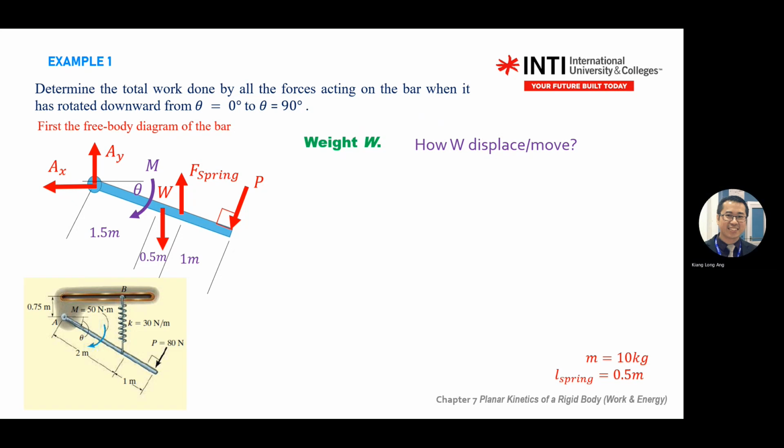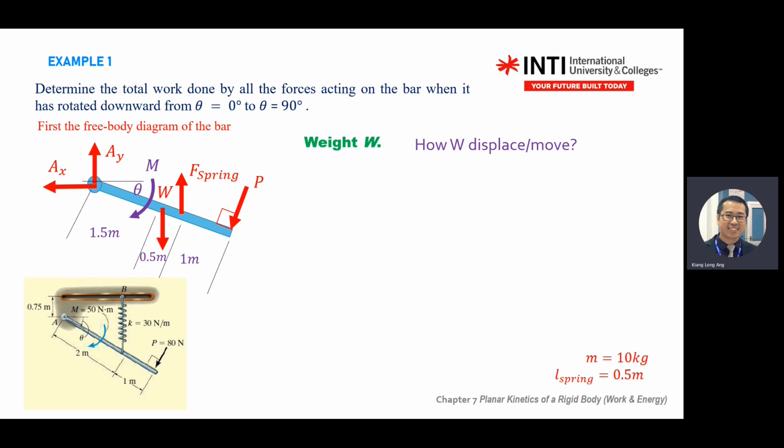Zero degree. Ninety degree. How far has your W moved? Same thing from the initial marker. Same distance. This is the initial location, right?